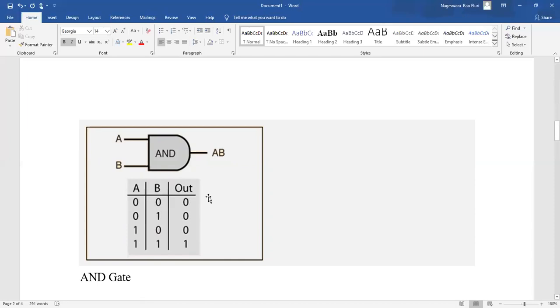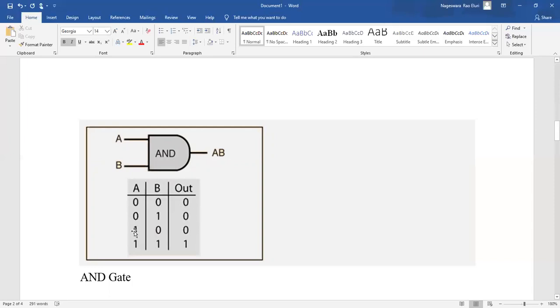Here we can consider A and B as two node values, x1 and x2. When x1 is 0 and x2 is 0, the network must give the value 0. When x1 is 0 and x2 is 1, the perceptron value must be 0.